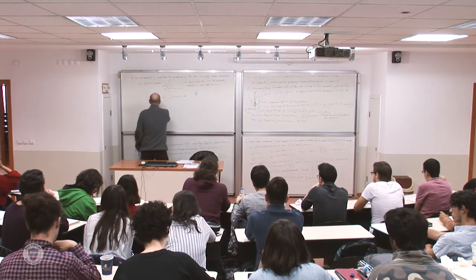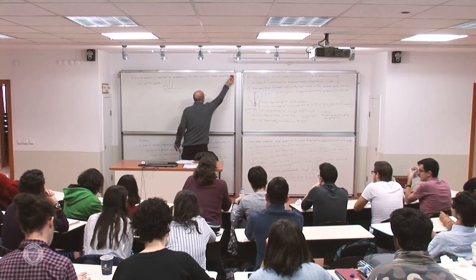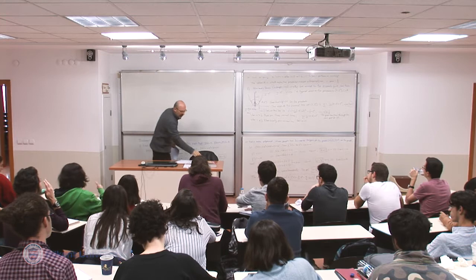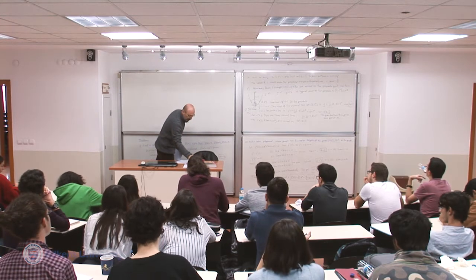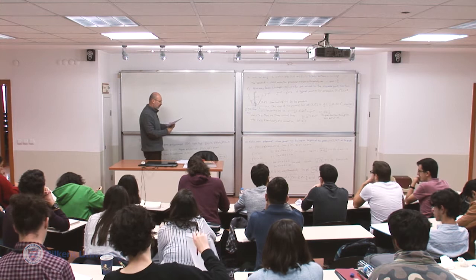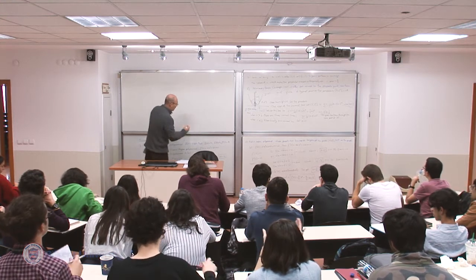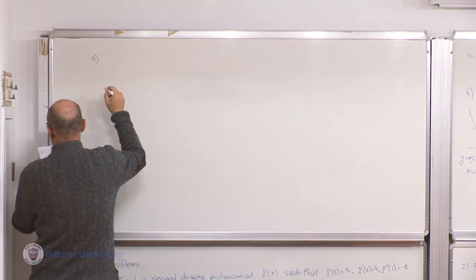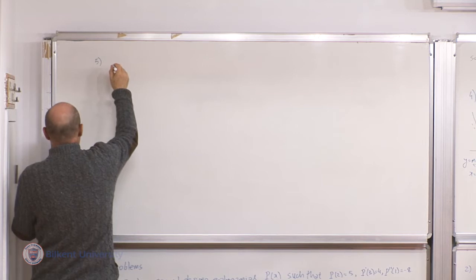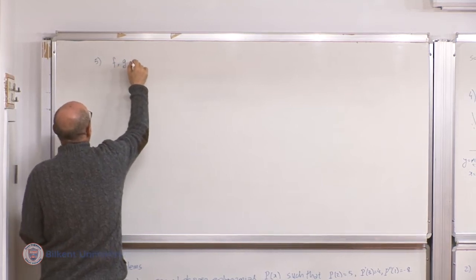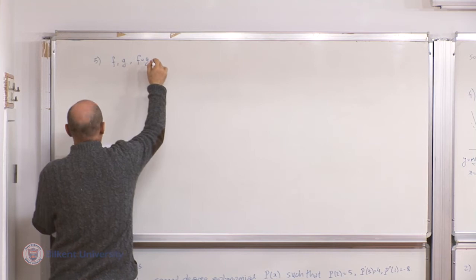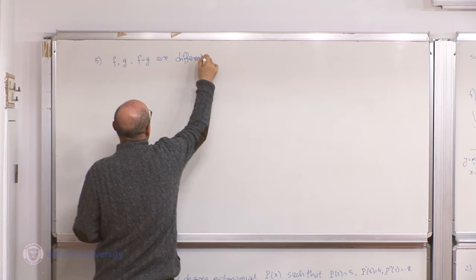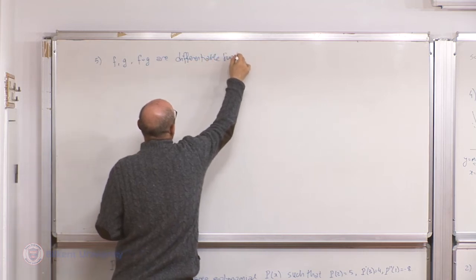Okay, so we have 2 functions, f and g. We want to evaluate the derivative of these at certain points. So this is number 5. F, G, and F composite G are differentiable functions.